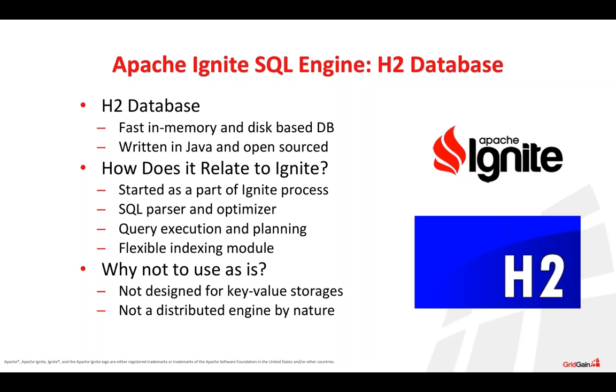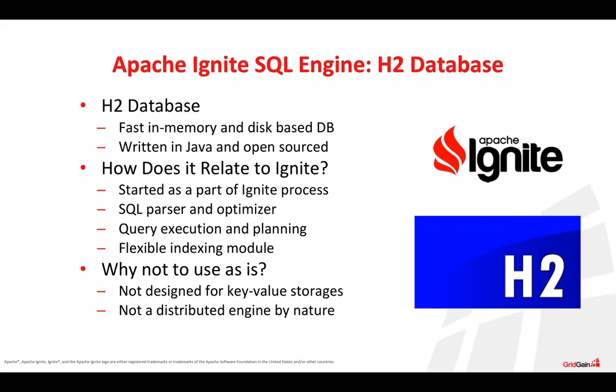The first thing used by the Apache Ignite SQL engine is the H2 database SQL query parser and optimizer. Next, Ignite also uses H2's query execution planner, and finally implements specific indexing related interfaces that tightly integrate H2 and the Ignite SQL engine.